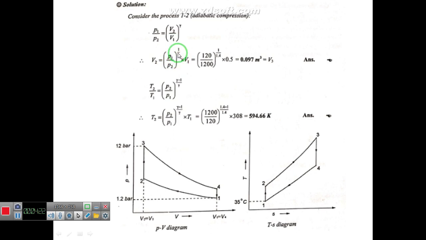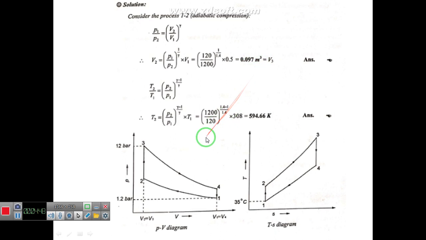This is the air standard cycle, so the gamma value is 1.4, and V1 is 0.5 meter cube. All the values are known, so we calculate V2 as 0.097 meter cube, which is equal to V3.